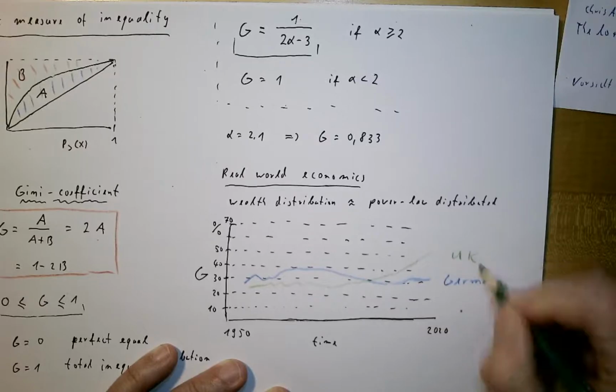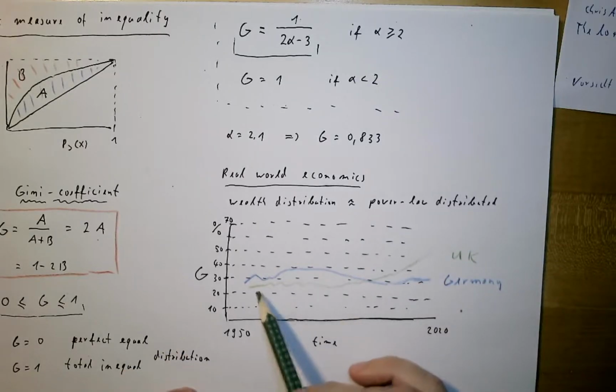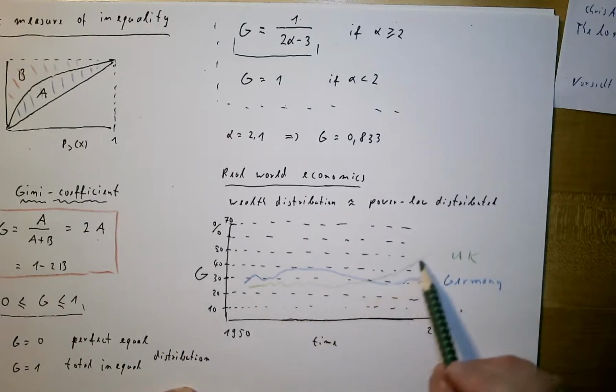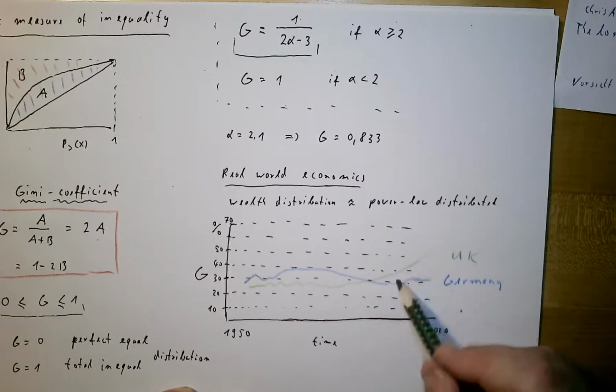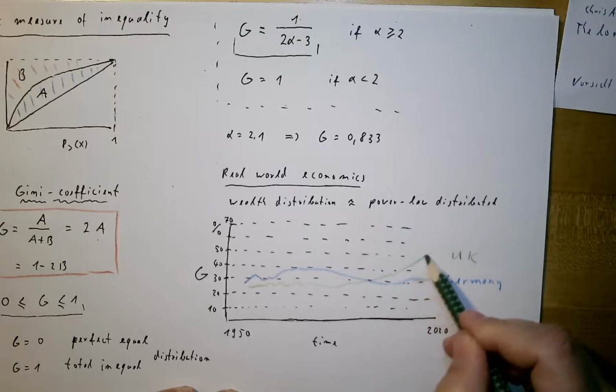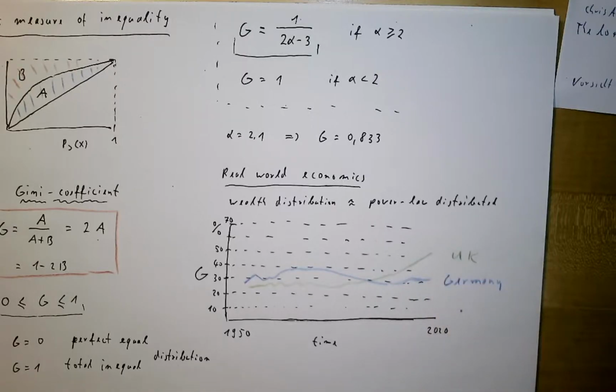So here you have UK, and it is sometimes alarming if the Gini coefficient of a country is increasing, because then the money is more and more unbalanced.